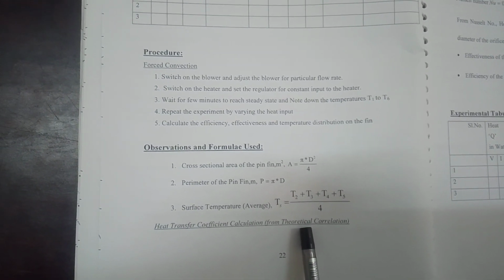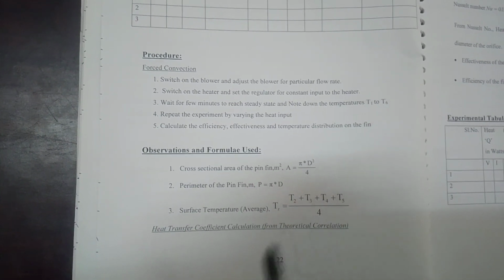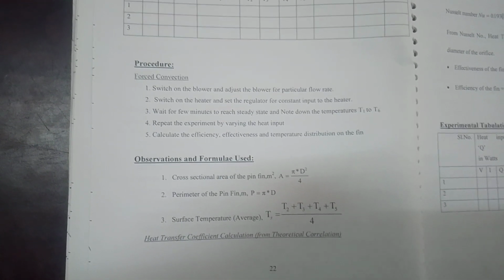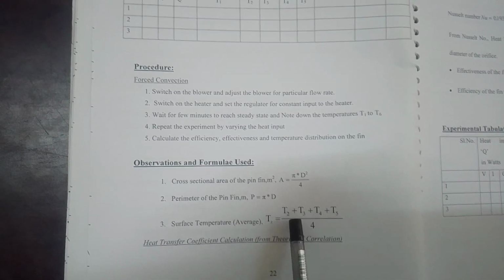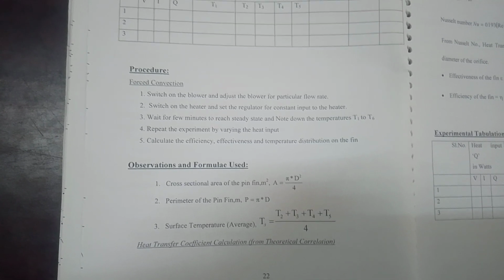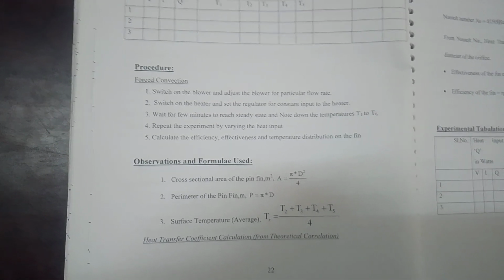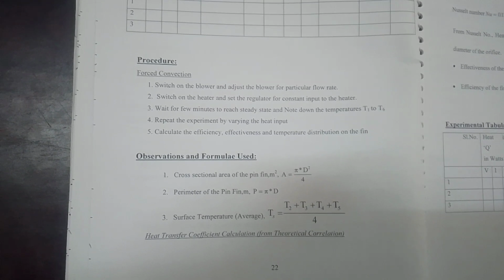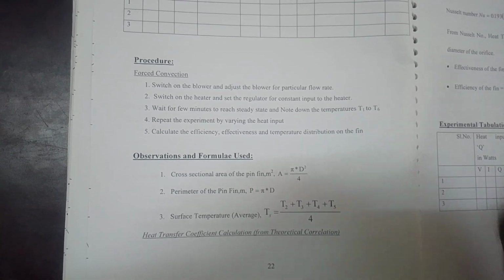The value of D is already given, and the temperatures we take from the tabular column, from the surface thermocouples. Here the film temperature is calculated from the surface temperature and the ambient temperature.